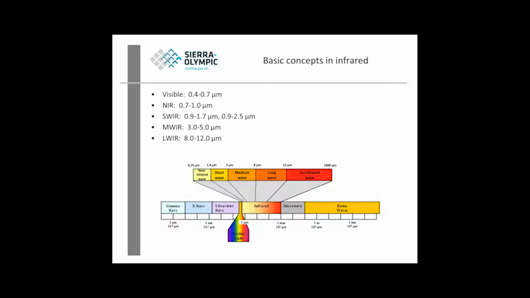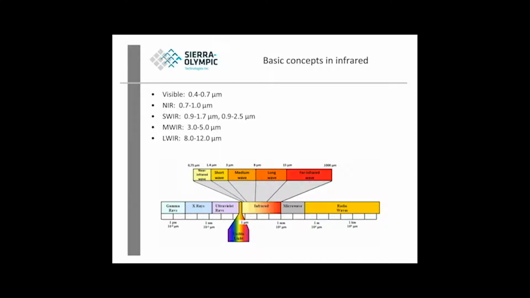But nice little graphic there. It kind of matches what I say. I don't think there are any long wave systems that we deal with that go out to 15 microns. And midwave is basically 3 to 5 microns because the atmosphere cuts off beyond that 5 micron waveband and functionally turns back on at about 7.5 microns.